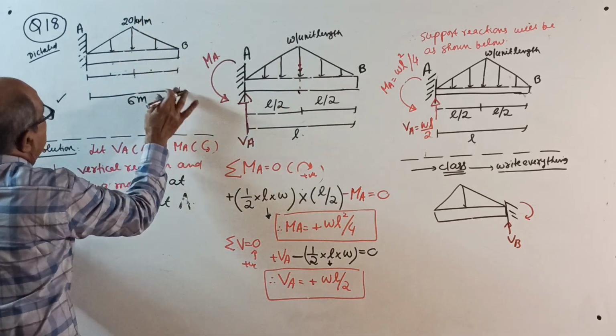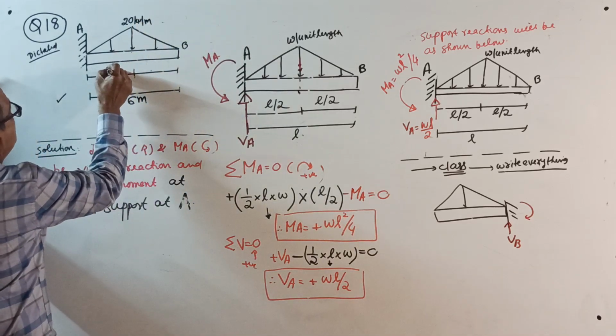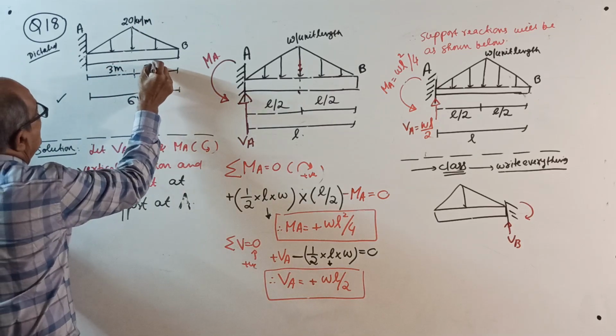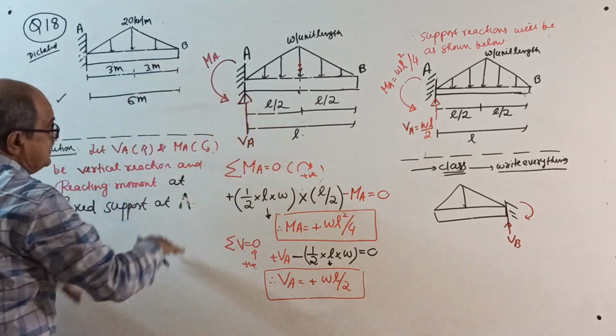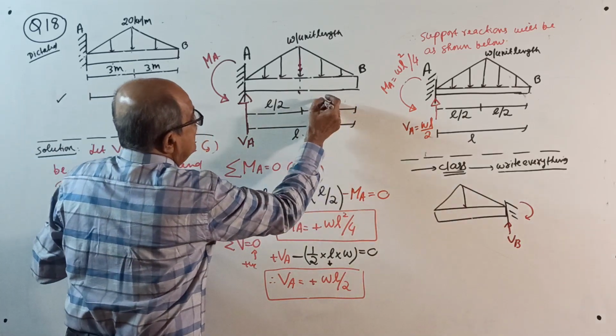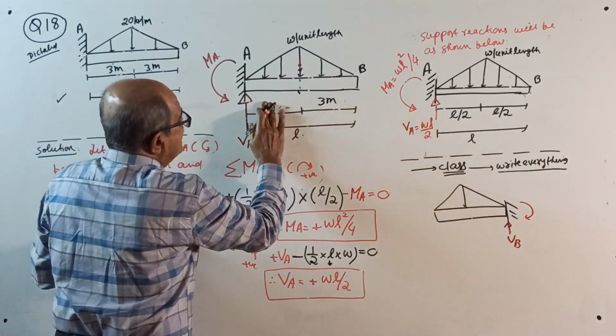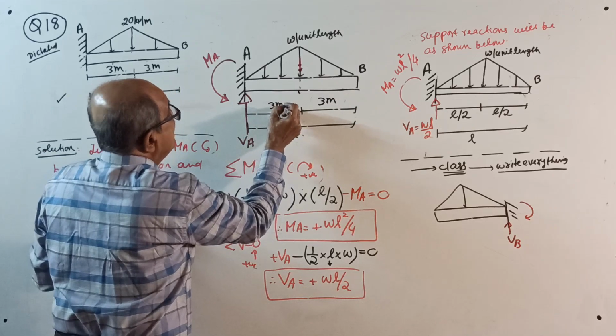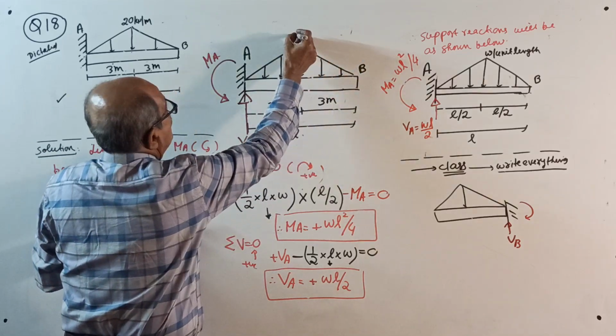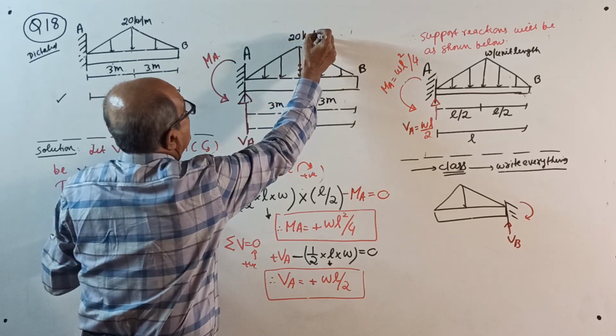So if it is 6 meter, both of them will be 3 meter, 3 meter. Find reactions. Same sketch once again. Right here write 3 meter. Here you write 20 kilonewton per meter.